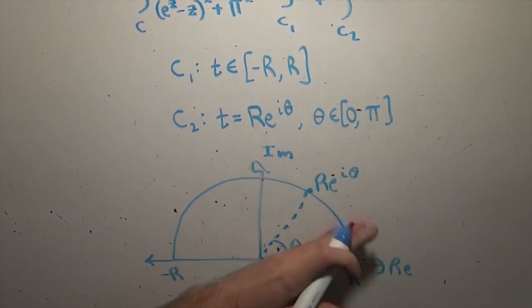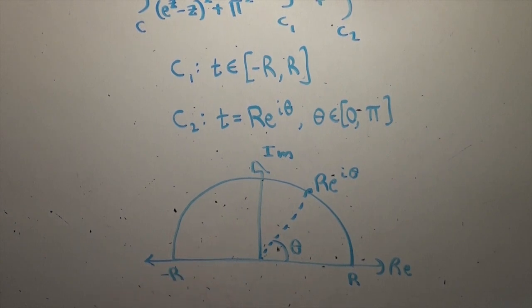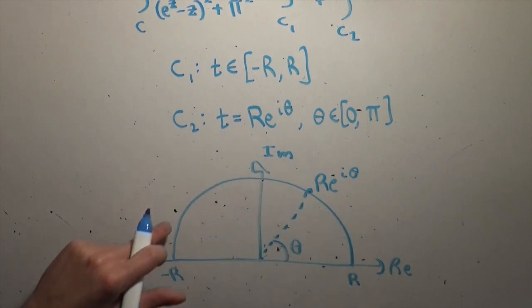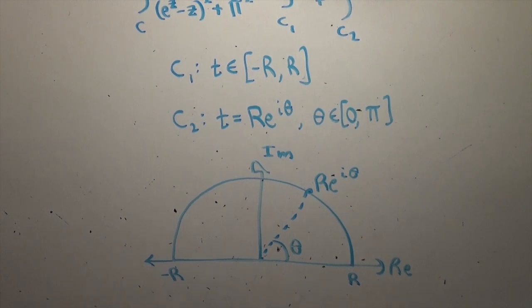And theta is going from 0 to pi. That's essentially the idea. And then we're going to let r go to infinity so that we end up with the real number line integrated over from negative infinity to infinity. And we're going to prove that the amount that the semicircle integral contributes goes to 0 as r goes to infinity. So that's the basic idea.